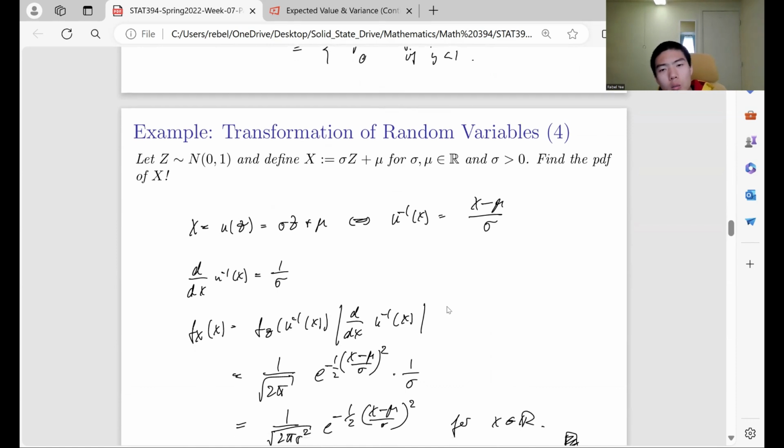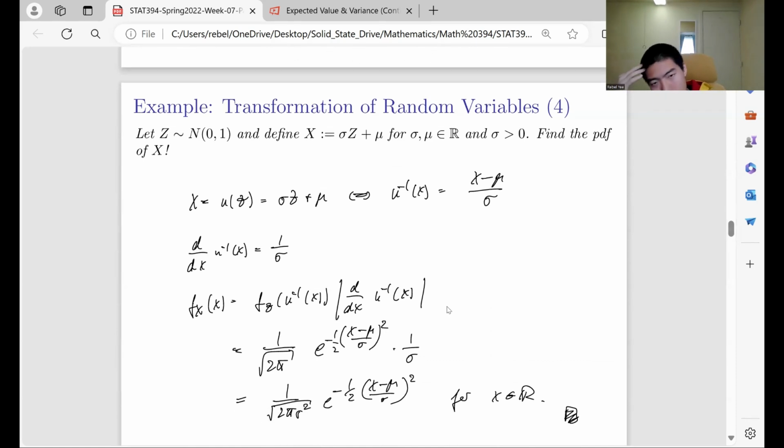Cool. And we'll see one more example. This example is a transformation from the standard normal distribution to another normal distribution with mean mu not 0 and standard deviation sigma, which is not 1.